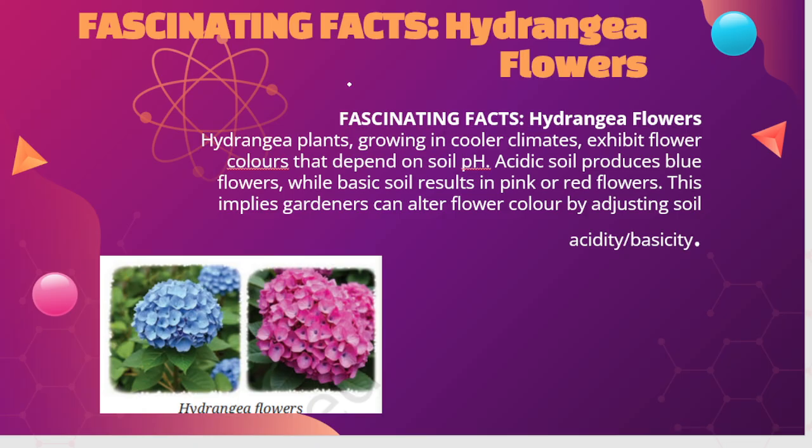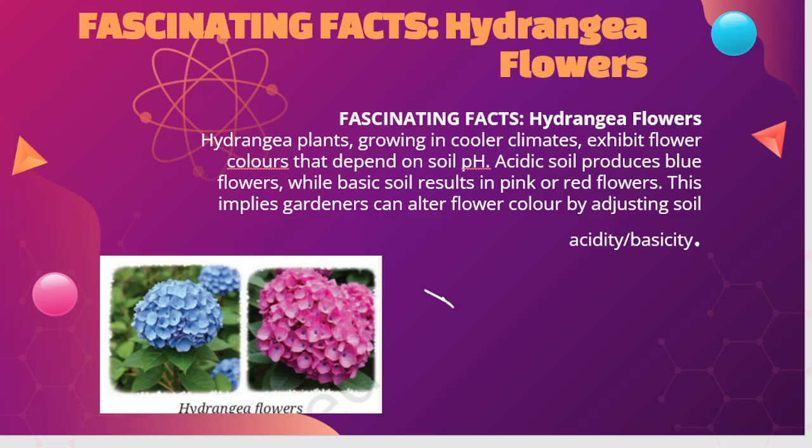जैसे if the soil is acidic in nature, the flower which will be grown would be blue in color. But on the other hand, if the pH level of the soil is basic, then the flower which will be grown would be pink or red in color.